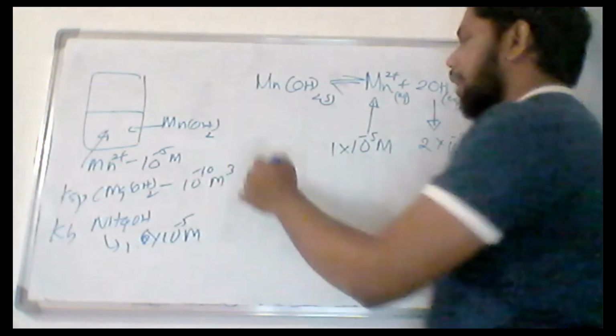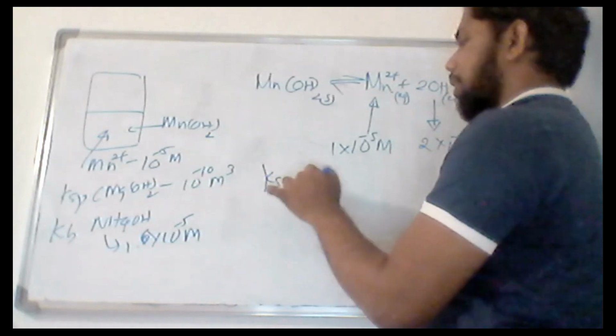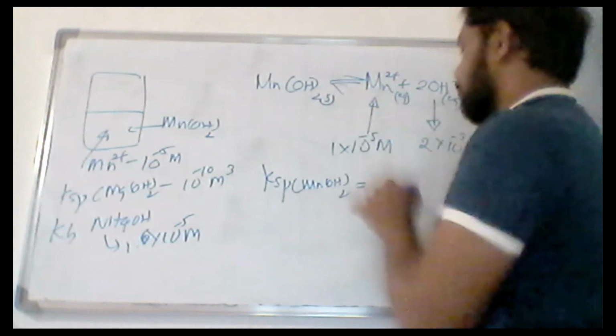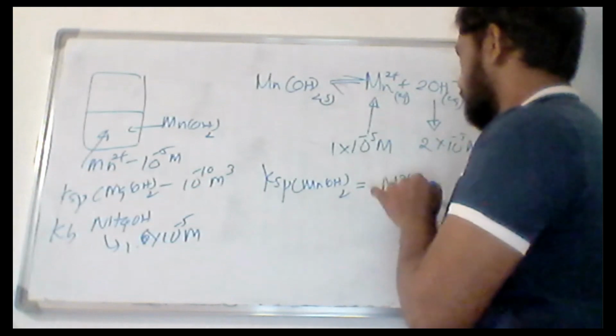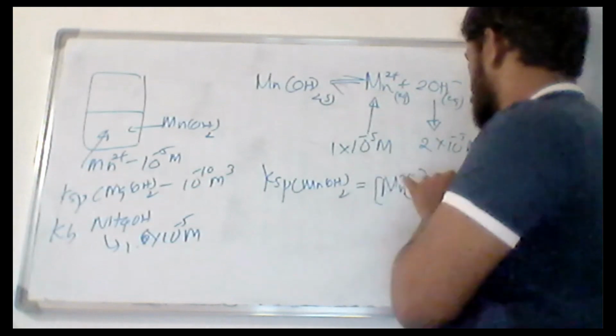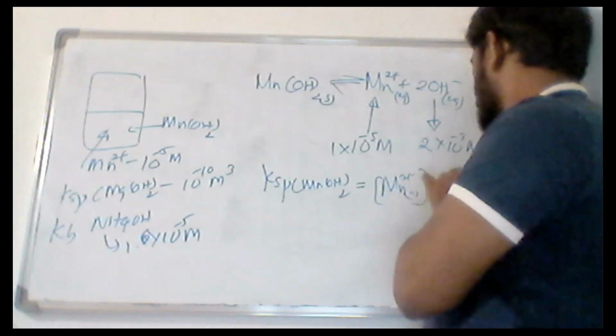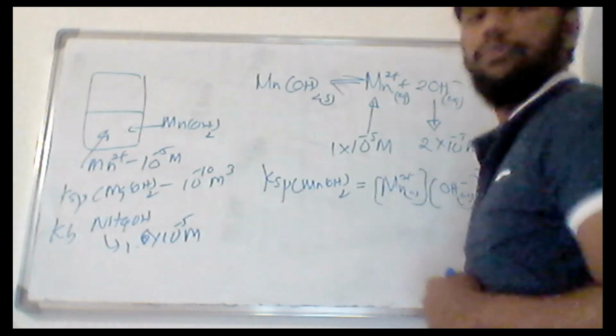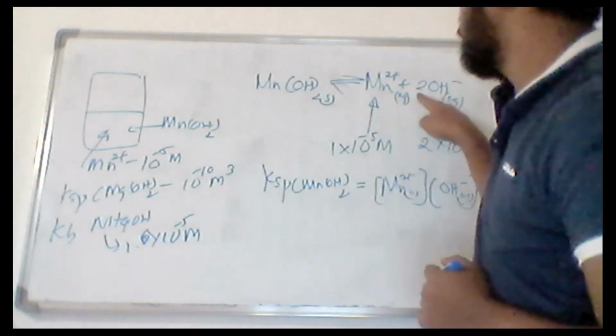Right? Then you can write Ksp of Mn(OH)2 is equal to the Mn2+ aqueous concentration times the OH- aqueous concentration to the power 2. Why to the power 2? Because the stoichiometry is 2.